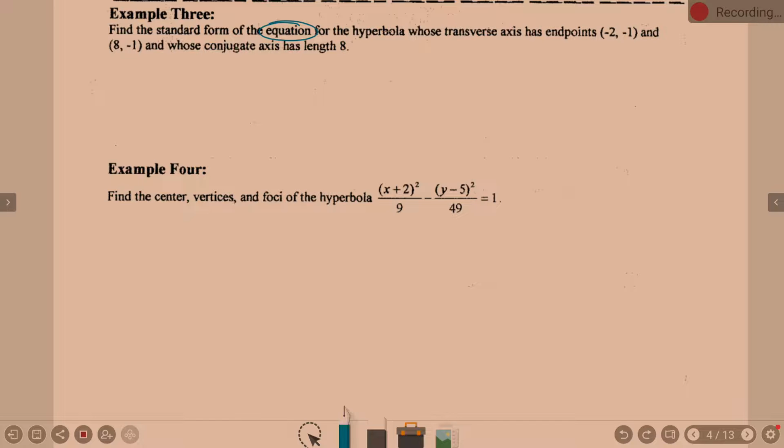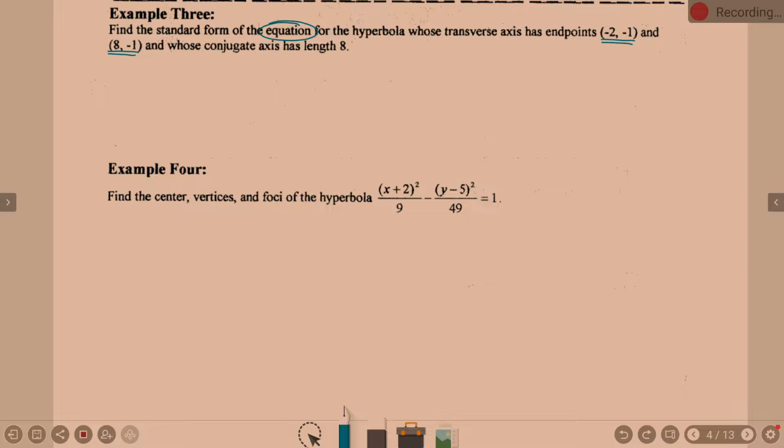Because for the transverse axis, it has A is X. A isn't exactly X, but A is part of the X variable there.